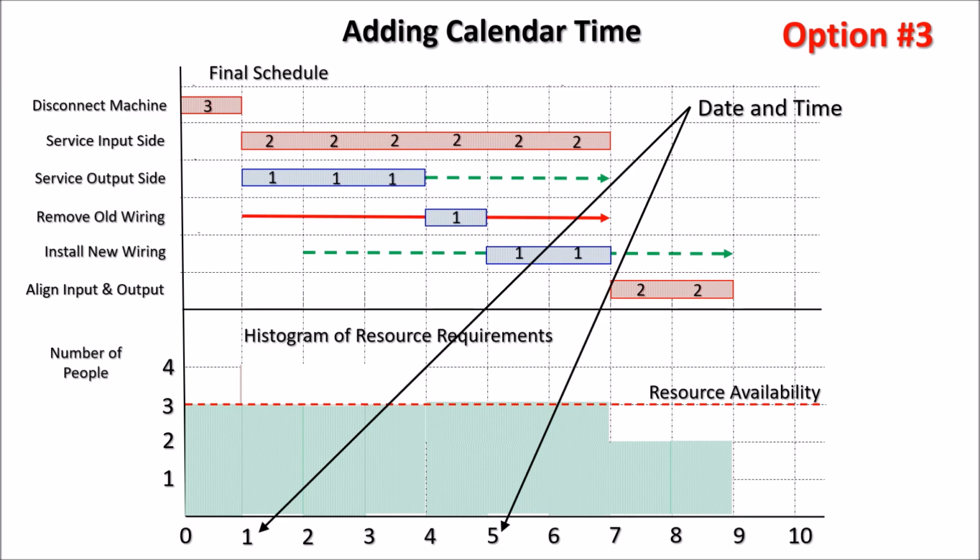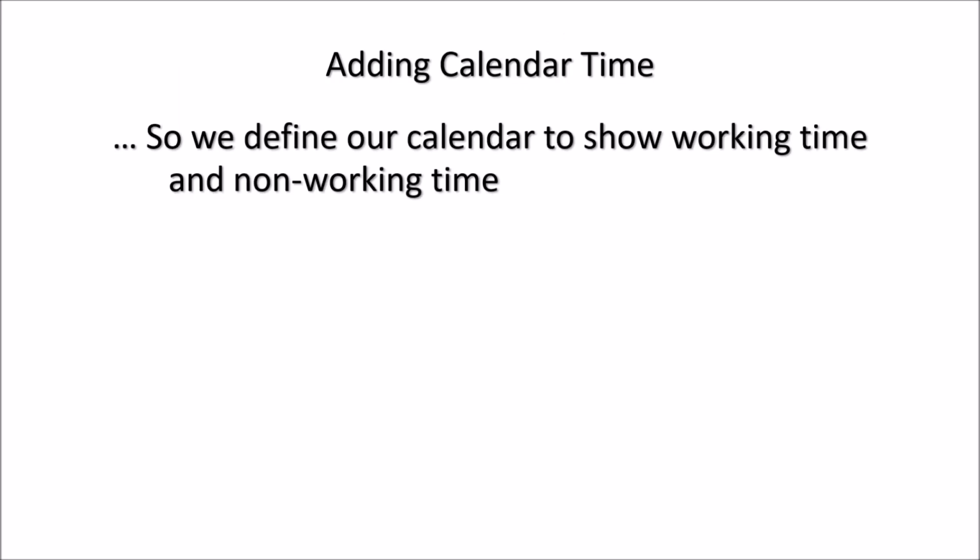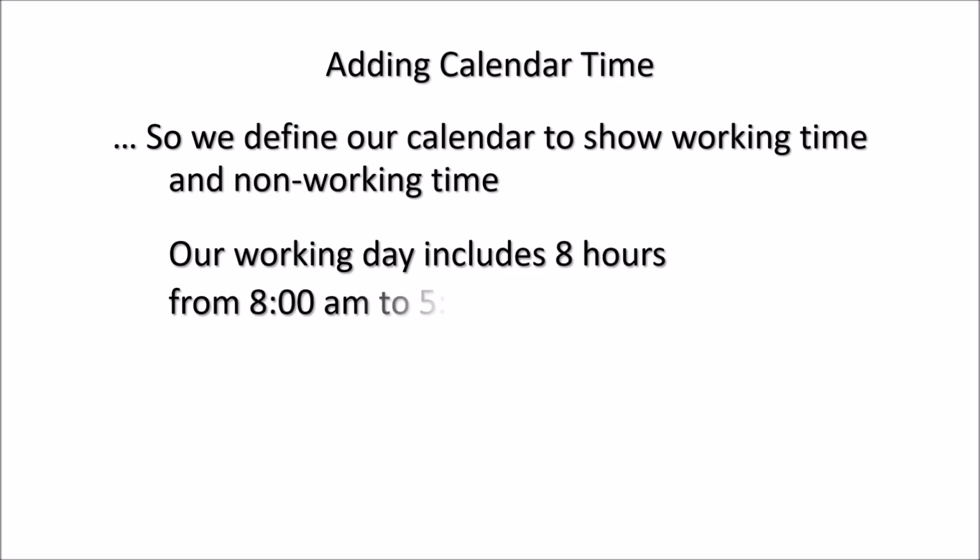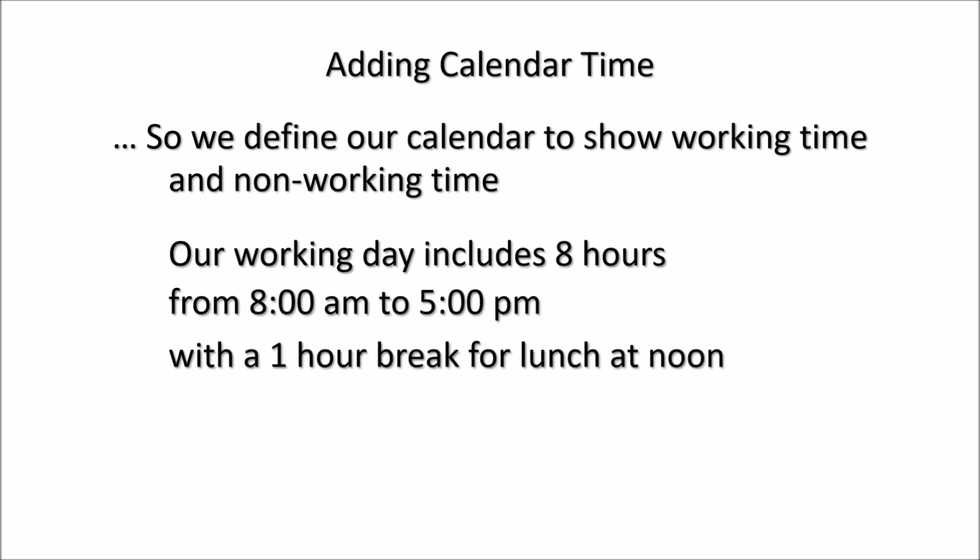Now, this would be a lot more valuable to us if it was in a date-time format. So we define our calendar to show working time and non-working time. Our working day, let's assume, includes 8 hours from 8 a.m. to 5 p.m. with a 1-hour break for lunch at noon.